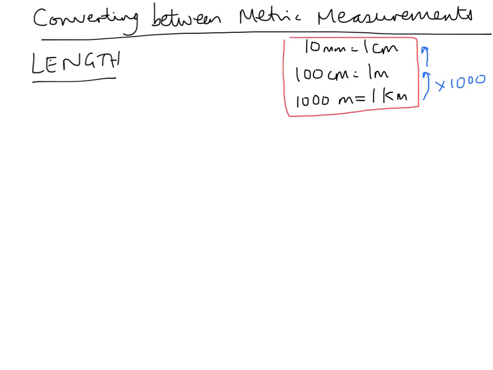And similarly, times by 100 to go from metres to centimetres, and by 10 to get from centimetres to millimetres. And because you have more millimetres than centimetres, or more centimetres than metres, to go this way, we're always going to divide by the relevant number. And it makes sense, it's a logical thing for us to think about.